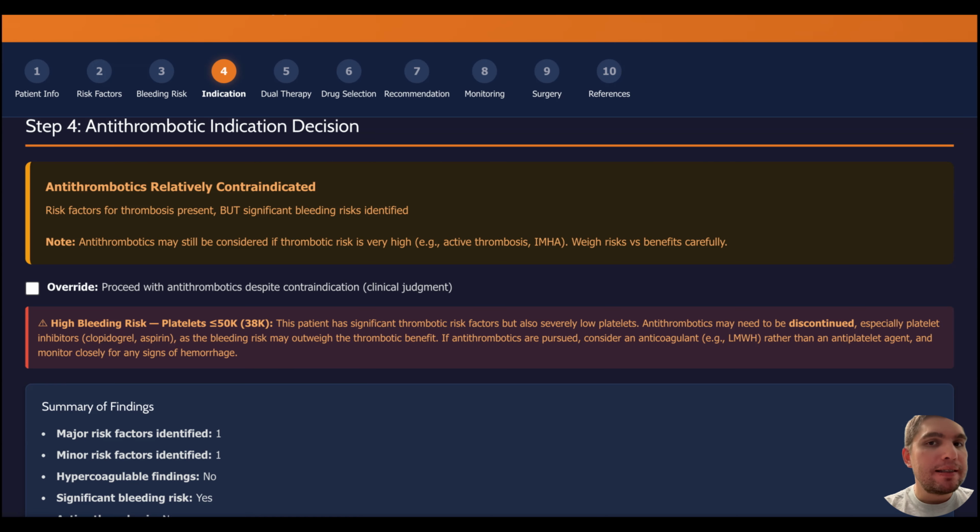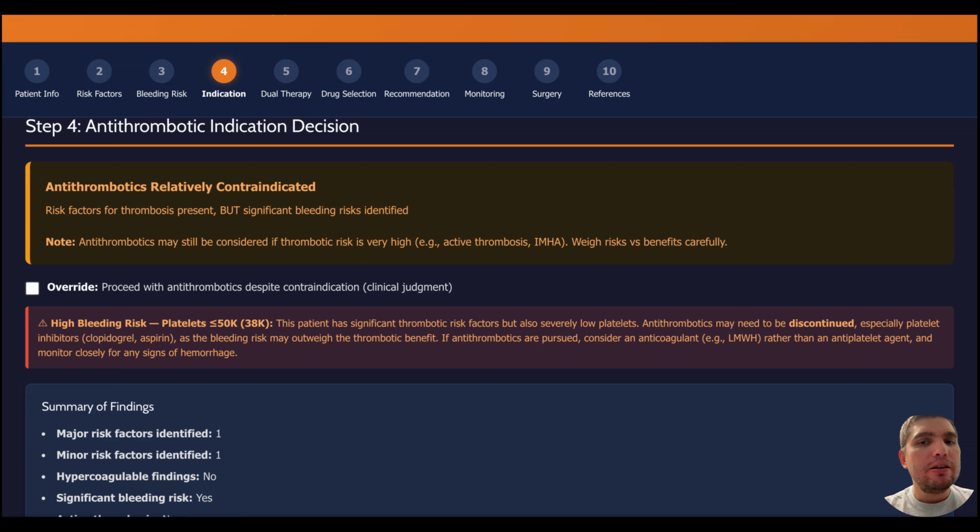Now, there are some exceptions in the real world, right? So this tool is not going to cover 100% of cases. Therefore, there's a note that antithrombotics may still be considered if thrombotic risk is very high, such as in a patient with active thrombosis or IMHA. So you need to weigh risks versus benefits carefully.